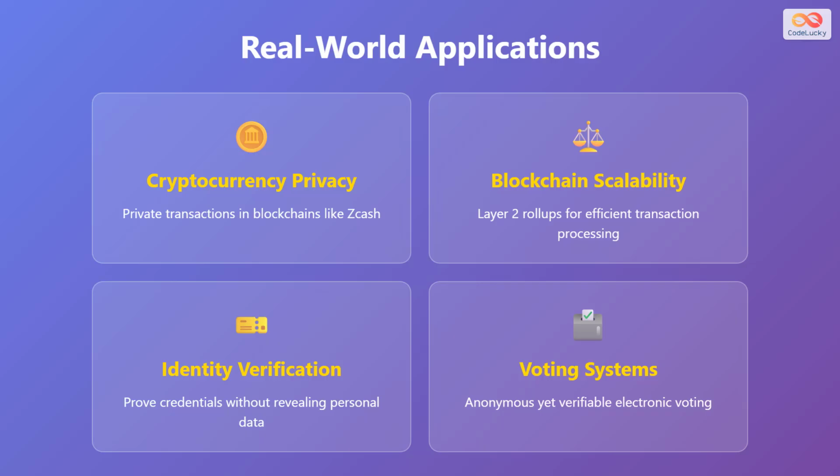In identity verification, they let people prove credentials like age or citizenship without revealing personal data. For voting systems, zk-SNARK enable anonymous yet verifiable electronic voting, ensuring election integrity while protecting voter privacy. These applications demonstrate the transformative potential of this technology.